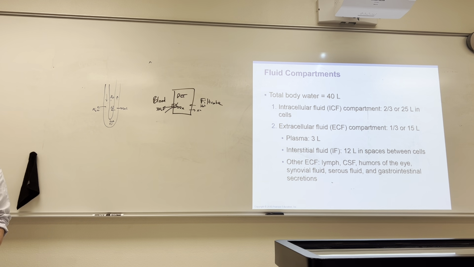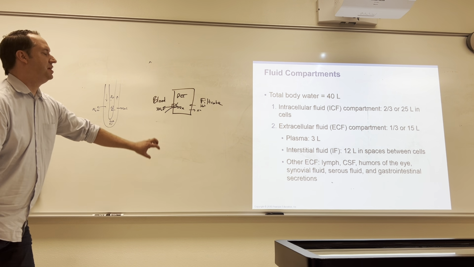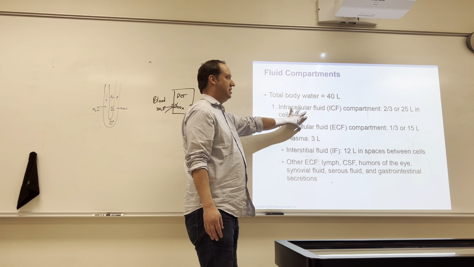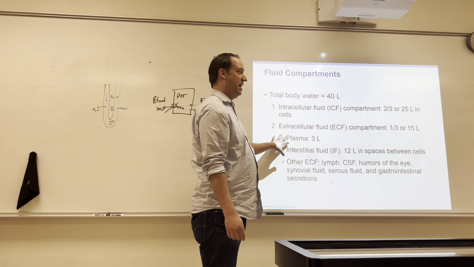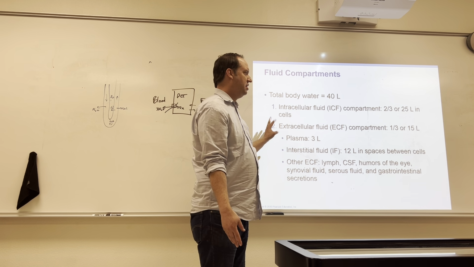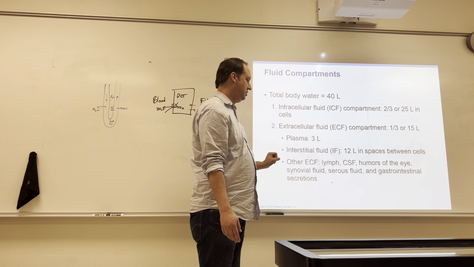In the normal adult, total body water is about 40 liters. 25 liters of that is inside the cells. That's intracellular fluid, ICF, 25 liters. Fluid in the cells. We have extracellular fluid, all the stuff outside the cells, about 15 liters, the rest of it.